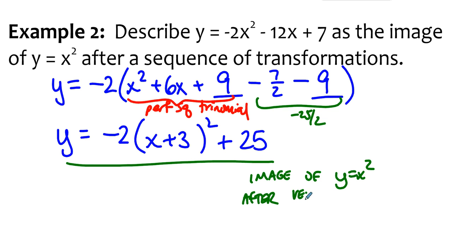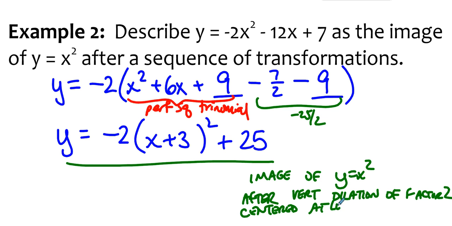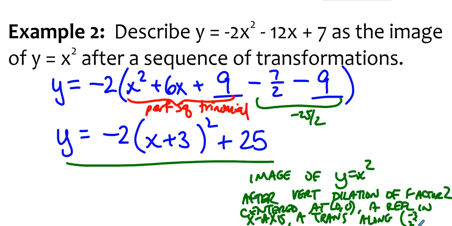So it's a vertical dilation of factor 2 centered at the origin, then a reflection in the x-axis, and then a translation along negative 3, 25.